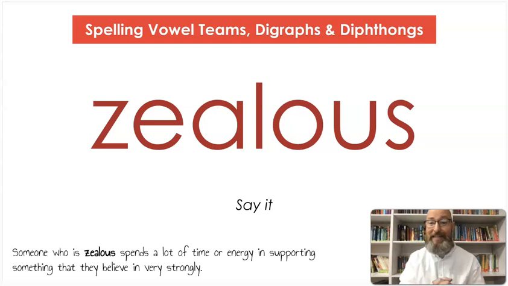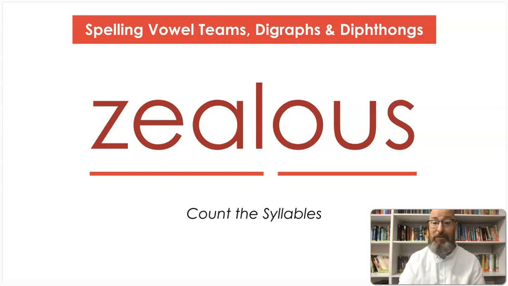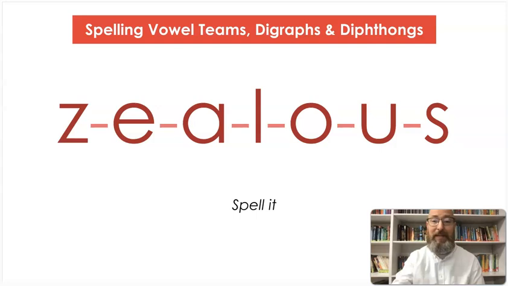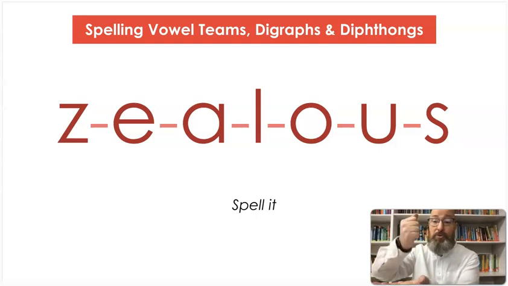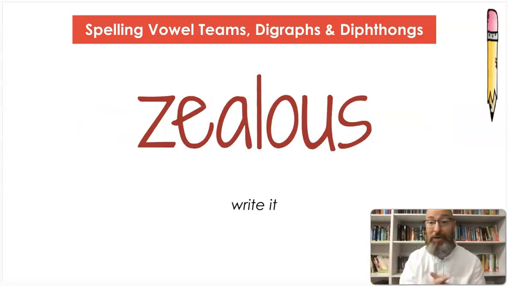Our first word is zealous. Say zealous. Someone who is zealous spends a lot of time or energy in supporting something they believe in strongly. Let's count the syllables. Zealous. Let's spell it. Z-E-A-L-O-U-S. Zealous. And now I want you to write it.